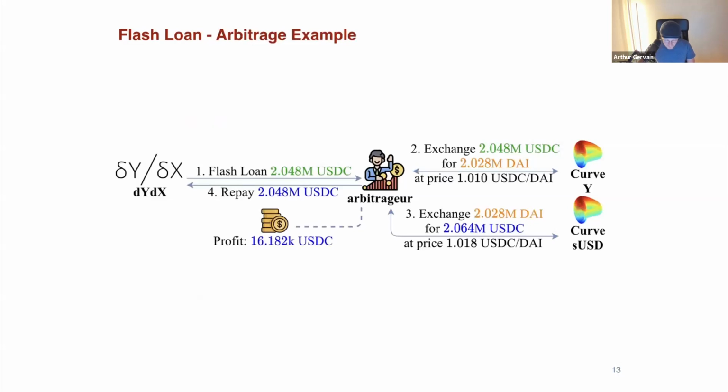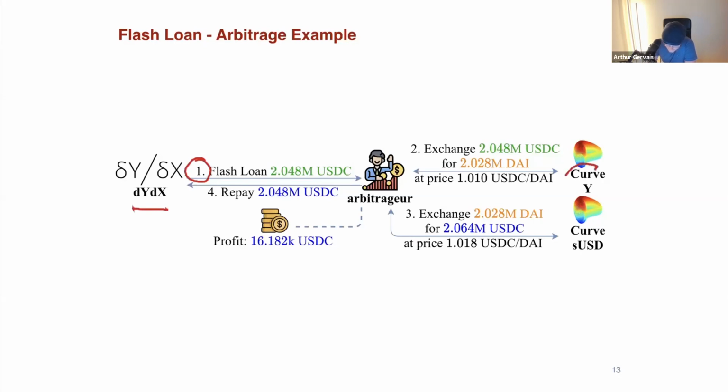So just on a very high level, this is really an arbitrage example that we took on chain. There are many more that you can find on chain as well. So in the first step, this is the flash loan provider, DYDX. We take a flash loan, for example, 2 million USDC.